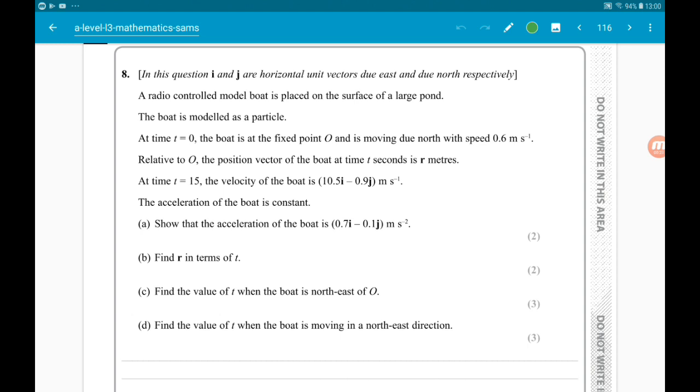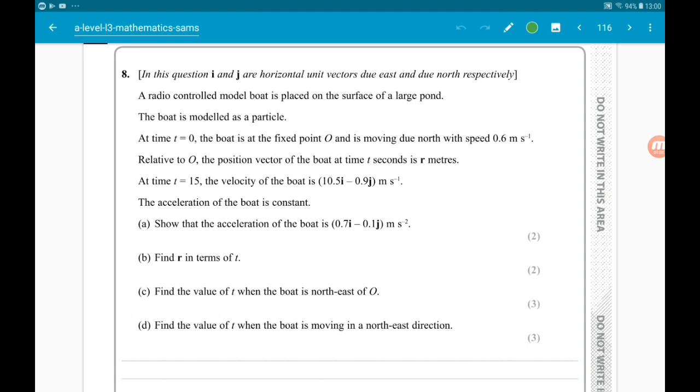At time t equals 0, the boat is at the fixed point O and is moving due north with a speed of 0.6 meters per second. Now what that means is if it's only moving north with a speed of 0.6 meters per second, that means its velocity is 0.6 j.